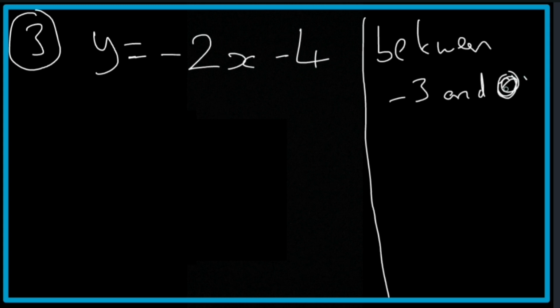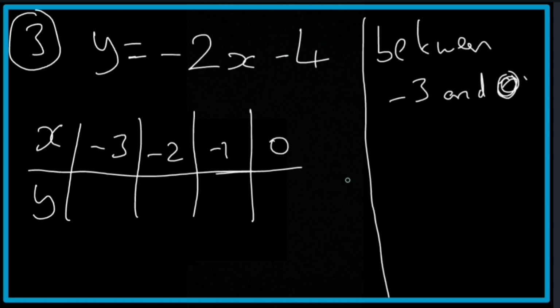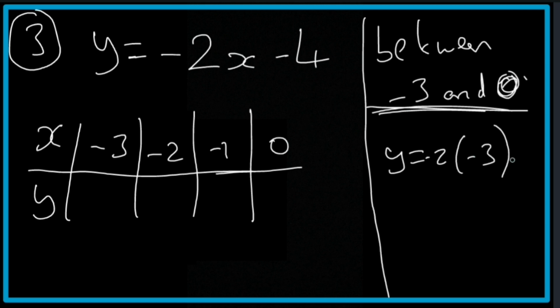Okay, so x, y, so it's -3, -2, -1, 0, because it's telling me that it needs to be between -3 and 0. So y equals negative 2 times negative 3 minus 4. So two negatives multiplied together is 6, minus 4. So y equals 2.